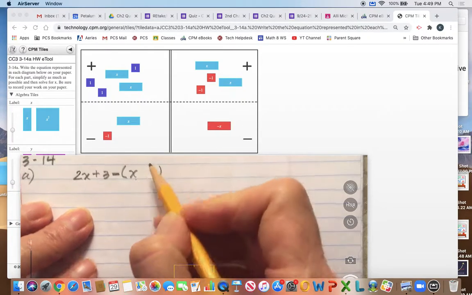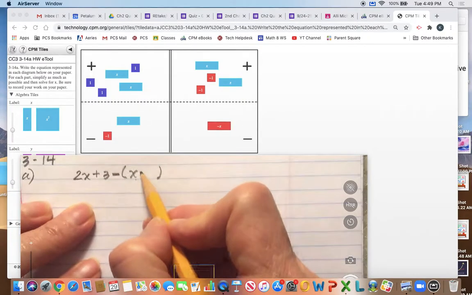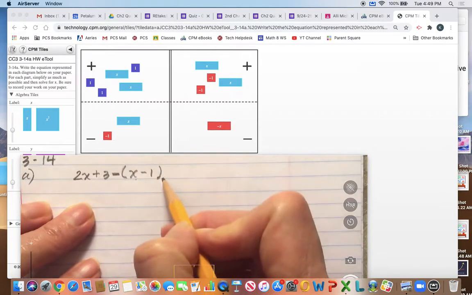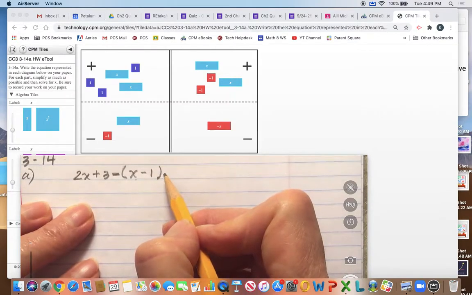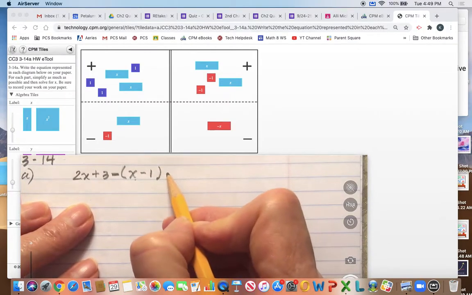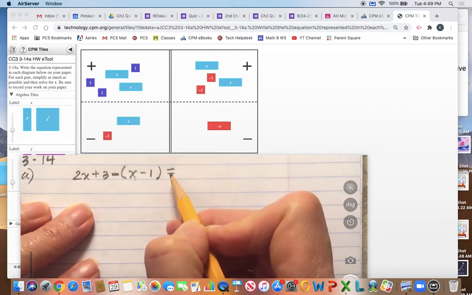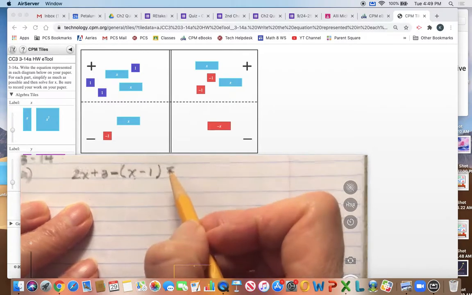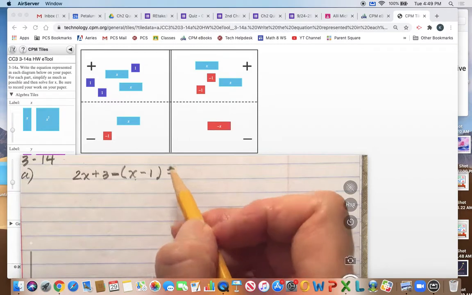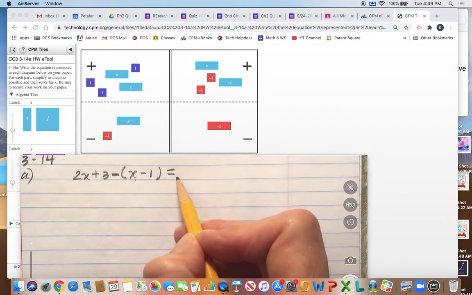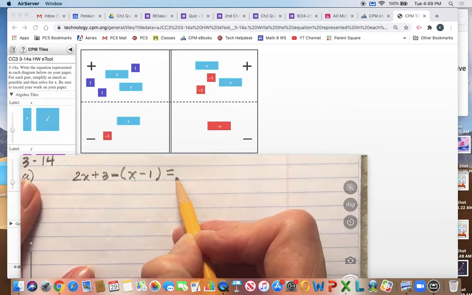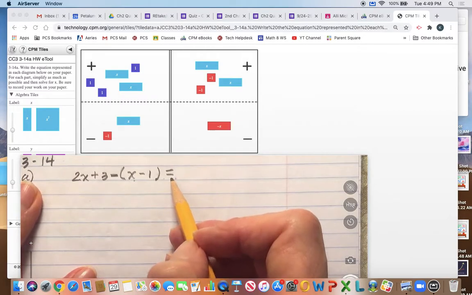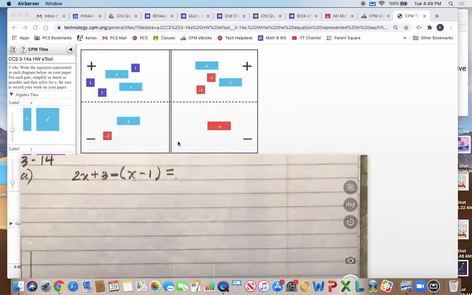So now it's inside my parentheses and a negative 1 tile. So that's our first equation. That's the left-hand side. And then you'll notice the double lines running down the middle of the equation mat. So that's where we'll put our equal sign, because we know these sides are equal because there is this double line running down the middle.